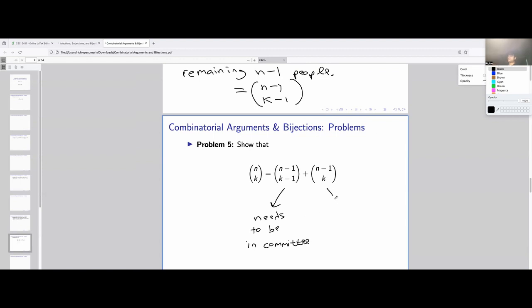And in this other case, they're banned from the committee in particular. I don't choose this one person. I choose anybody but them, so I choose from these n minus 1 other people.